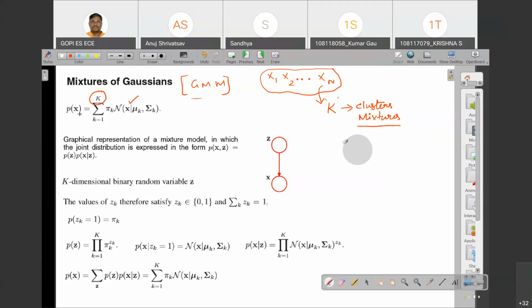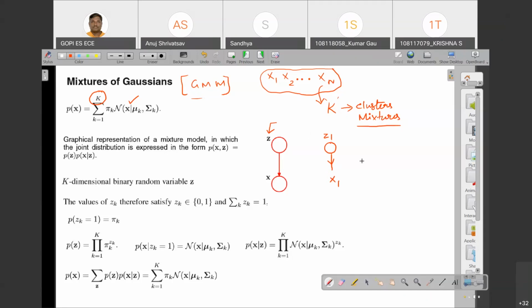Just like HMM, this is even simpler than your HMM. The trick is the same, the idea is the same, the flow is the same. Here we are going to introduce what is called the latent variable Z, which is going to generate your X. But this model is comparatively simpler because there is no change of state happening.